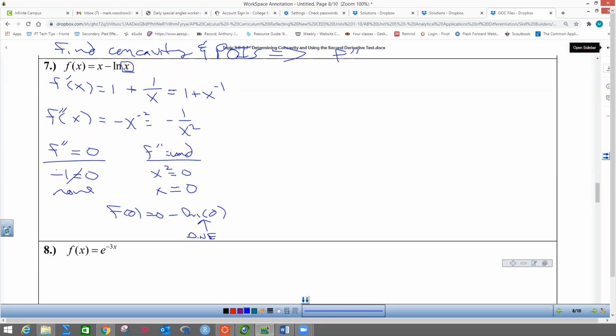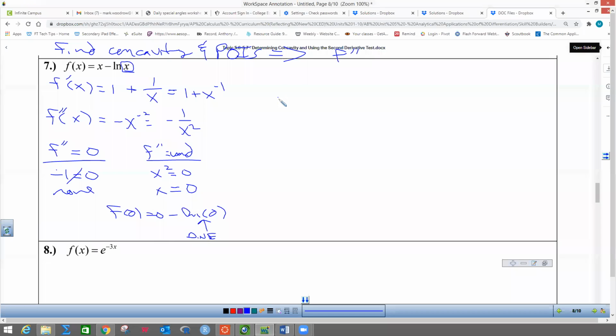And it is not greater than 0. It's not even there. So what that tells me is that this graph does not even have a critical number. So there aren't going to be any POIs.